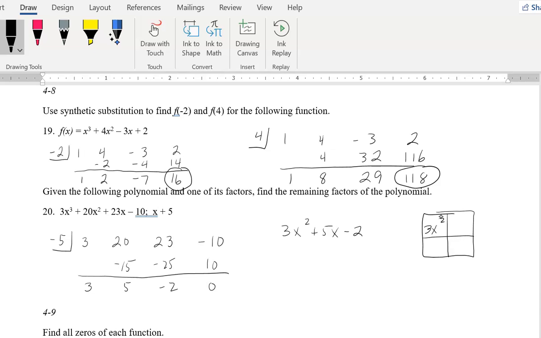So 3x squared times -2, that's -6x squared. And the factors of -6x squared that add up to +5x would be 6x and -1x. And now you find your GCFs, 3x and -1. So that's one factor. And then x and 2, x plus 2, will be the other factor. All right, and so this represents the final answer.